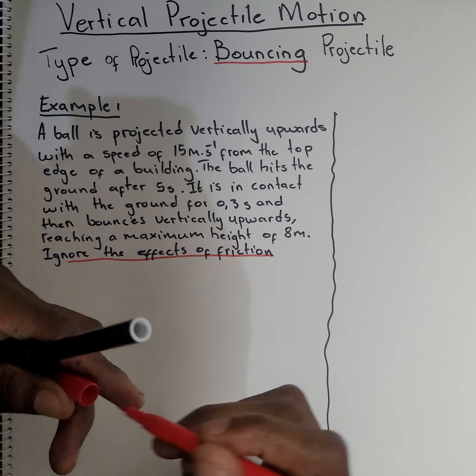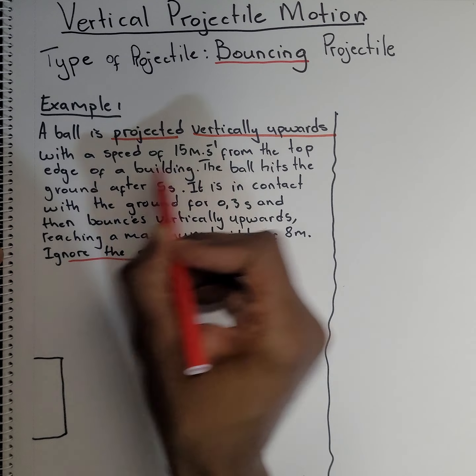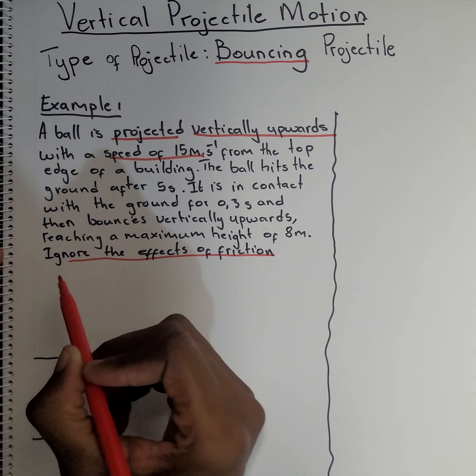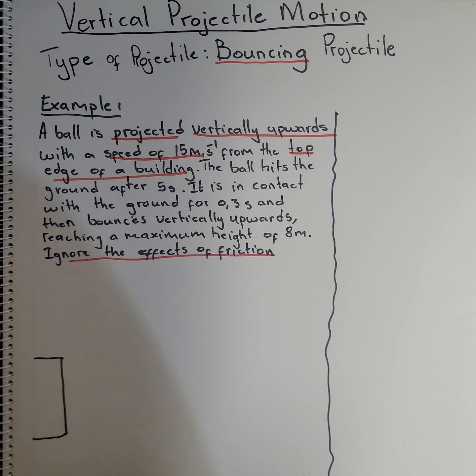If you can agree with me, in order for us to solve this projectile motion, what we need first is to draw ourselves a trajectory, because I can see that this projectile was projected vertically upwards with a speed of 15 meters per second from the top of the edge of the building.